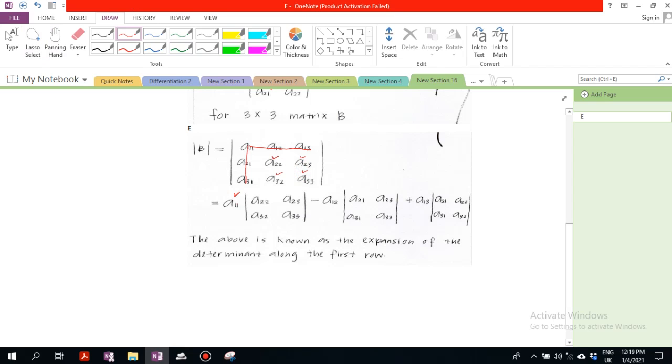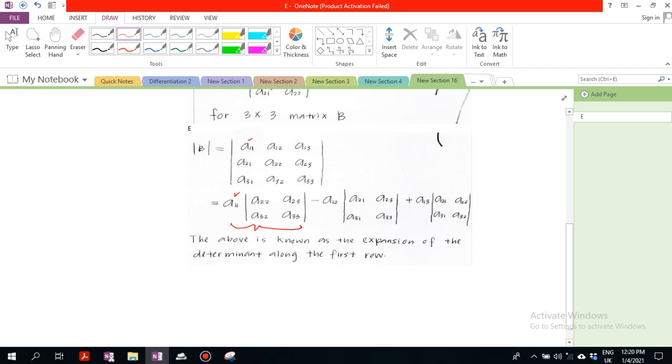So you will get the first determinant for the first part. Then you need to minus, now the second one, sorry, A12. So you're taking A12.